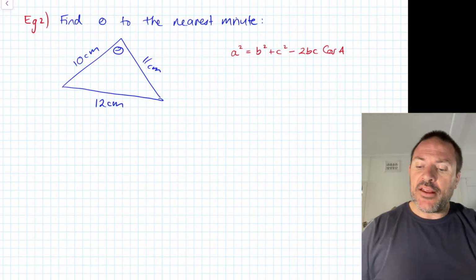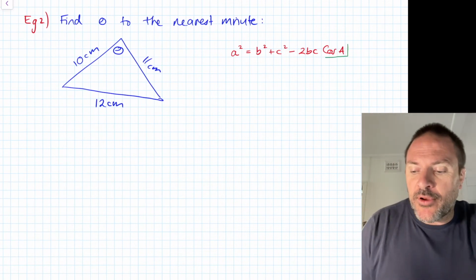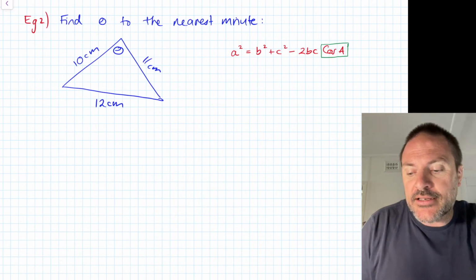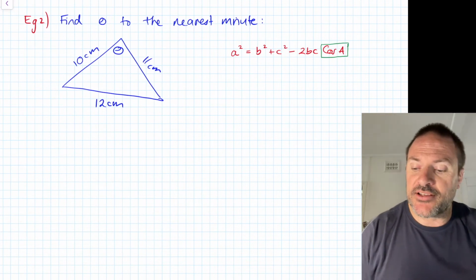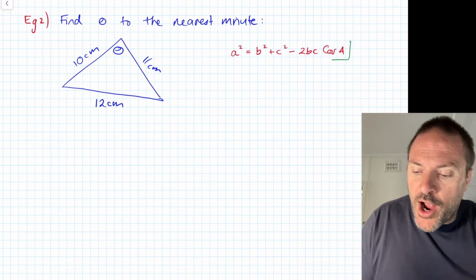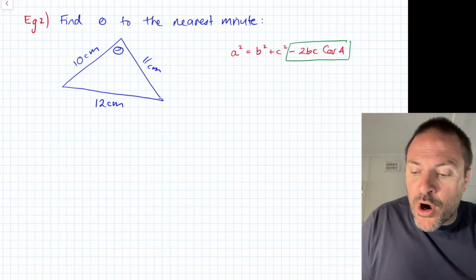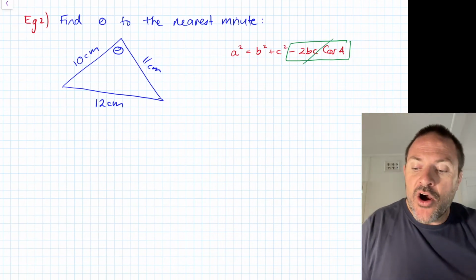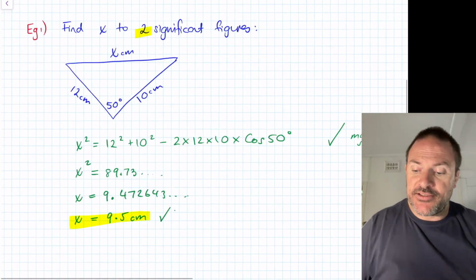So, in this case, because remember, the whole idea is I want to get that equals. I want to make that the subject. So what I'm going to do, I'm actually going to make things a little bit easy for myself. I'm going to get rid of this minus 2bc cos A. I'm going to add it to both sides.